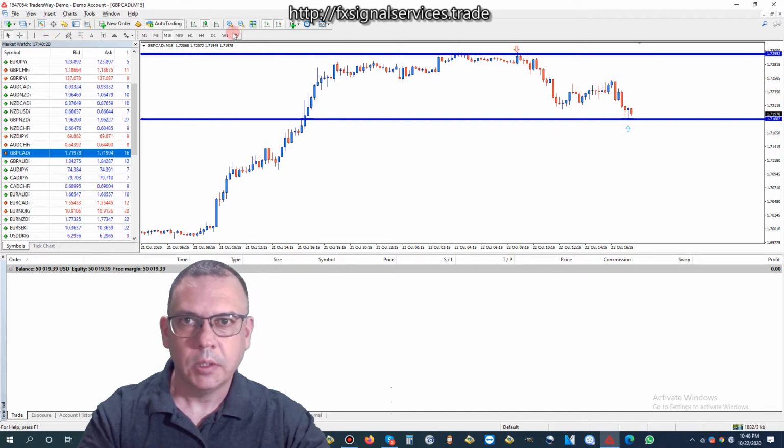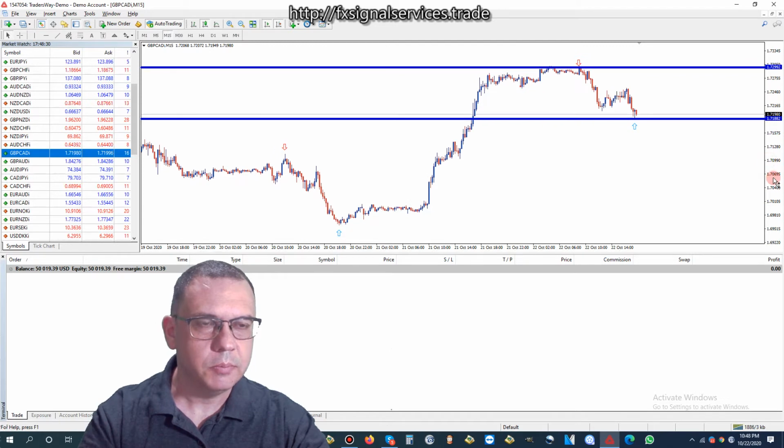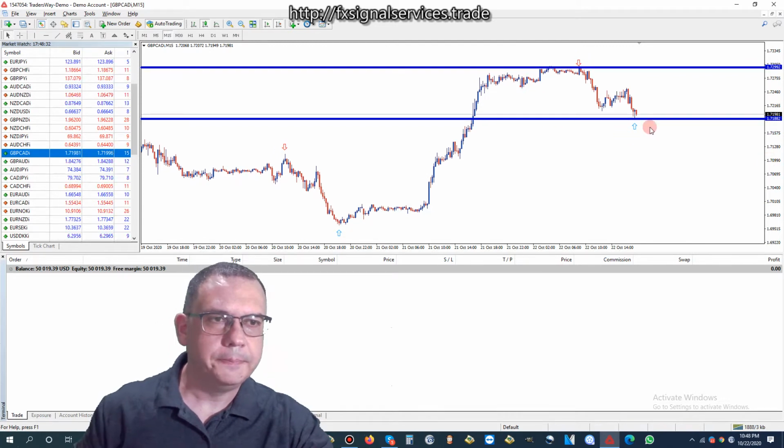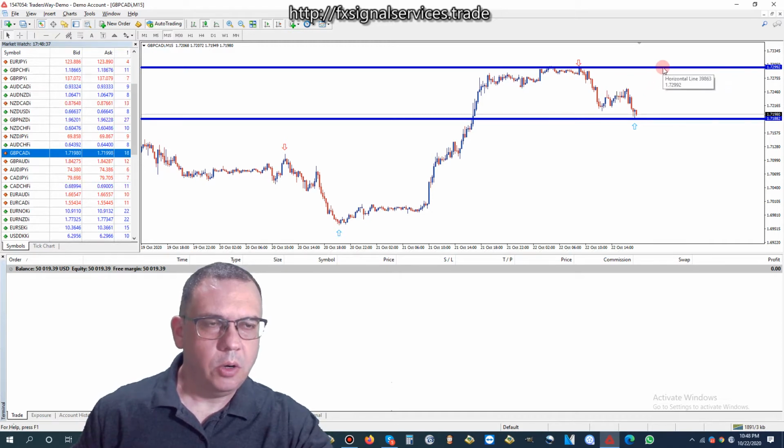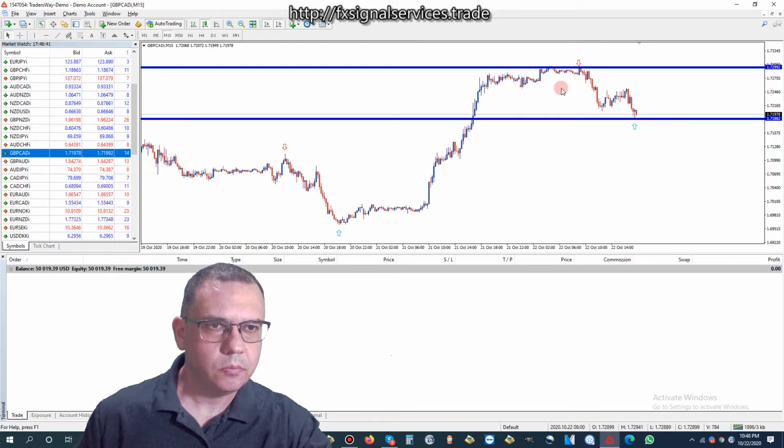Now if I zoom out, maybe you can see this a little clearer. What I predict the price to do is not go all the way back up to here. We have a resistance here and support here.